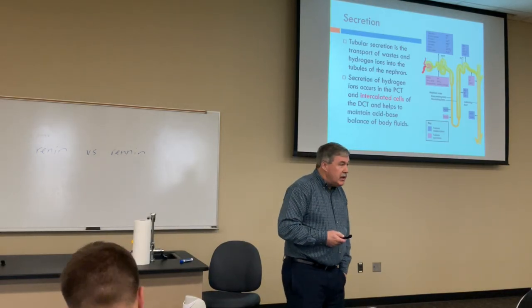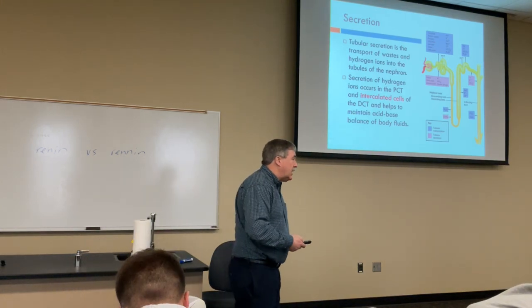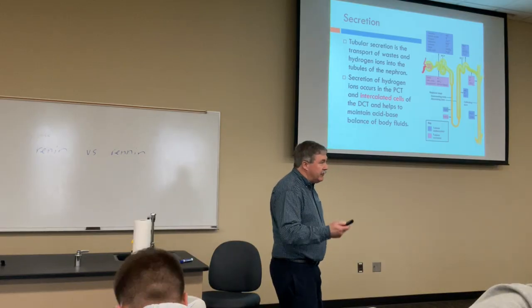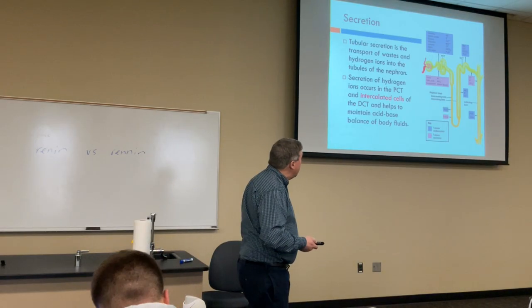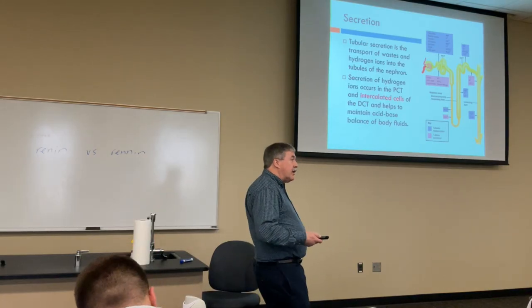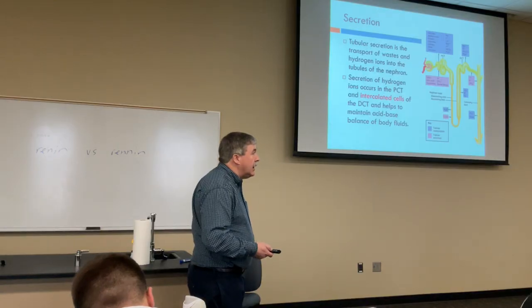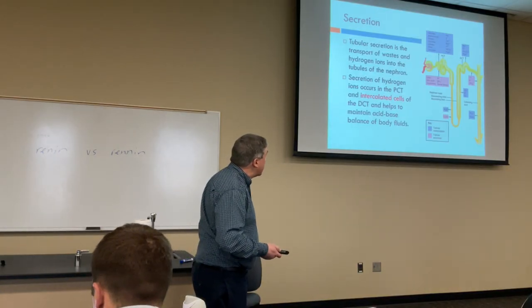And the secretion of other substances like hydrogen ions, which are basically waste that our body needs to get rid of if we have too many hydrogen ions, or also secretion of waste that didn't get filtered, like urea and uric acid and creatinine, that can occur via secretion.